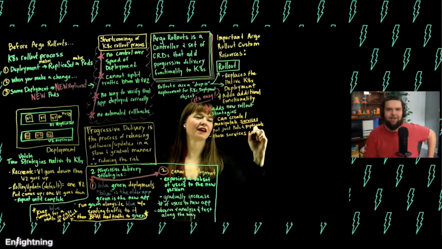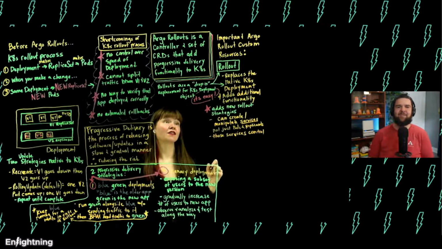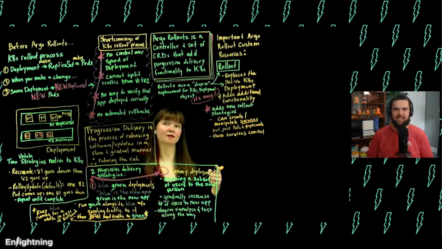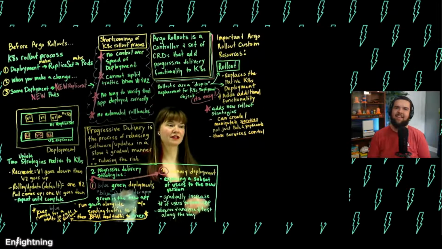So how do we make that very concise and simplified? The Argo rollout resource can create and manipulate Kubernetes Service objects, and it can have an active and a preview one for blue and green, and those services control traffic splitting.